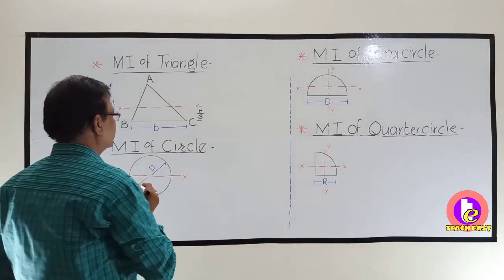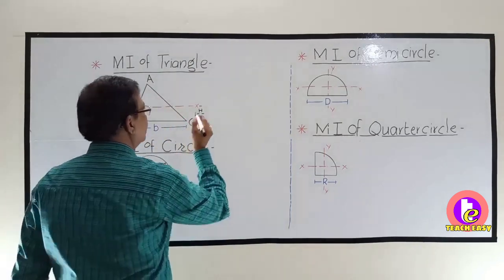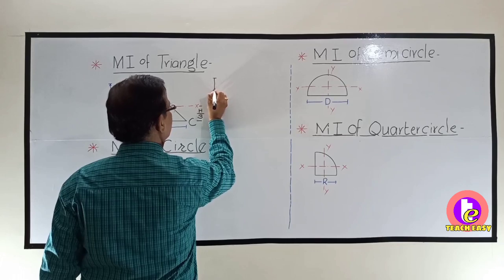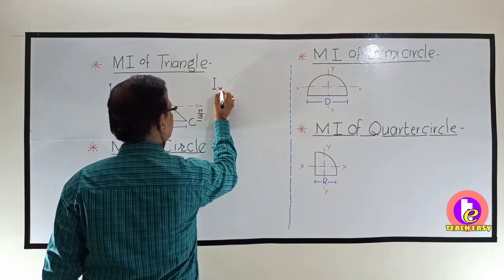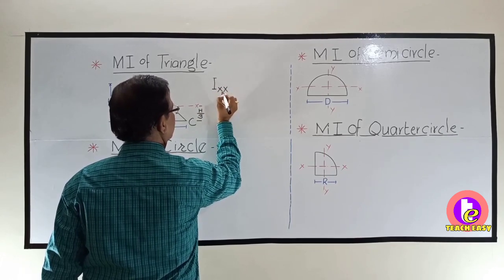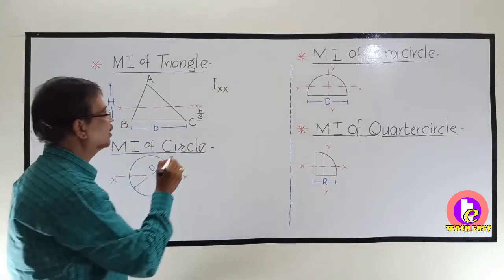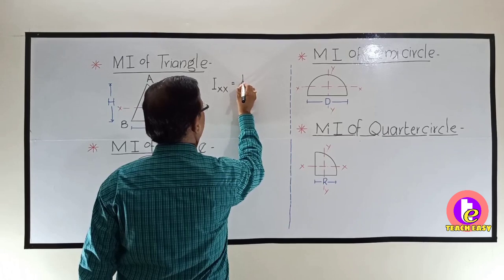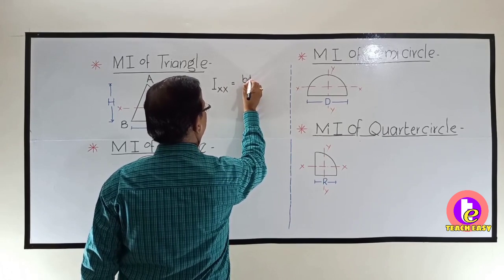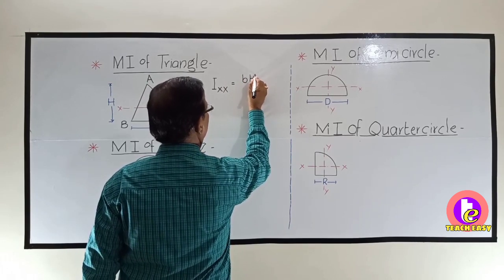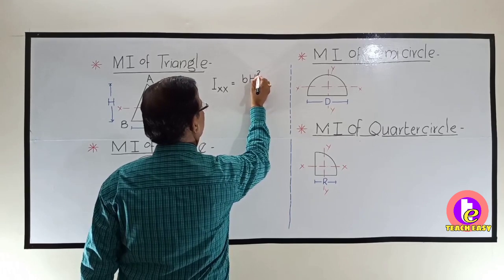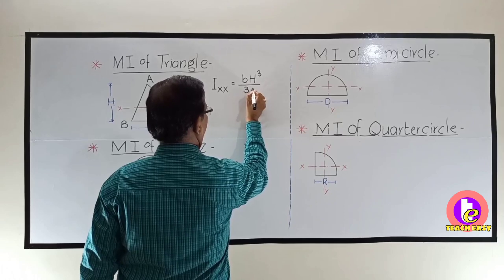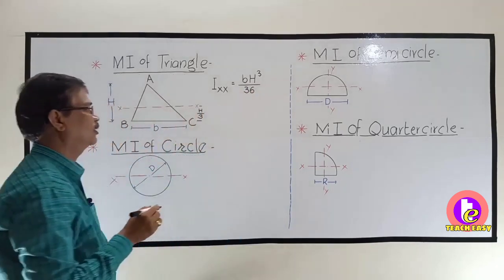So in this case, for this triangle, moment of inertia about horizontal centroidal axis, that is Ixx, is equal to b into h cube upon 36. This is standard formula.